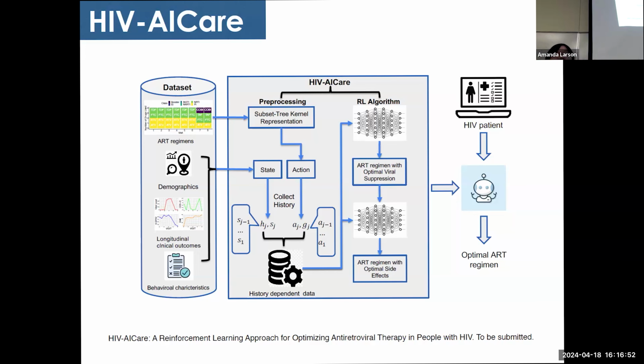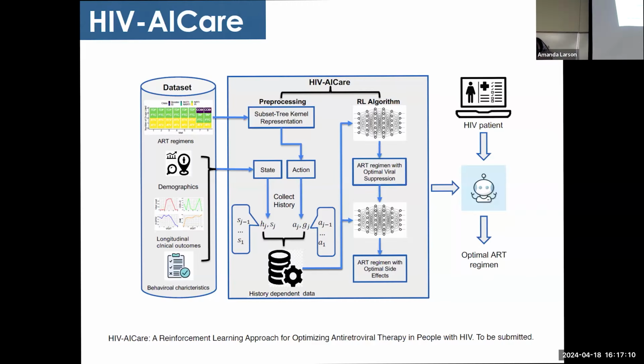Basically, we calculate the similarity among all the regimens based on the kernel methods, and then we do some PCA. You can think of it as an embedding of the treatment space into numerical values.